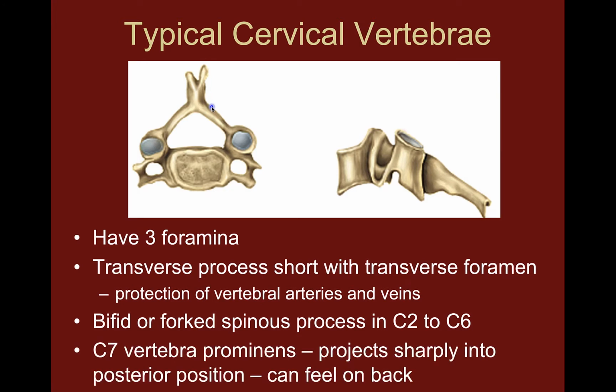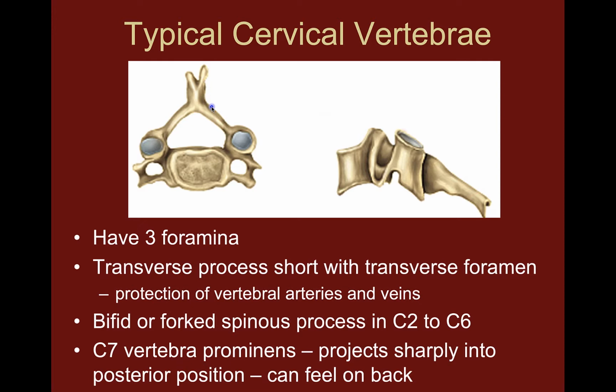And our last one, this is not really a feature, it's just kind of a cool thing to check out. If you take your hand and put it on the back of your head, and then run your hand down over your neck, you can feel the spinous processes sticking out a little bit. But then as you get down to where your neck is turning into your back, you can feel a really sharp projection sticking out.